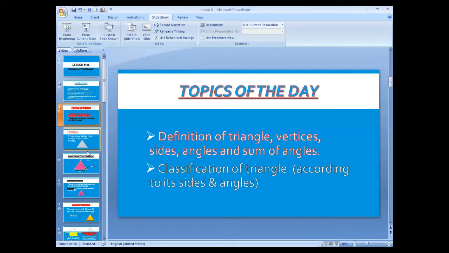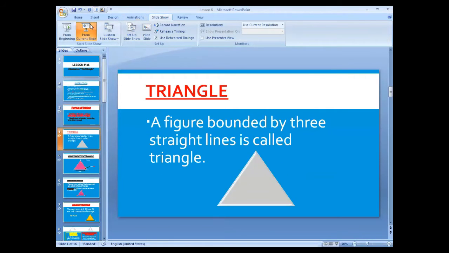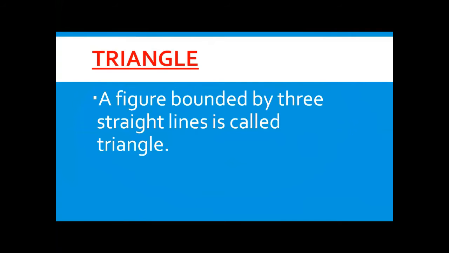Now, our first objective is the definition of triangle. What is a triangle? A figure bounded by three straight lines is called a triangle.